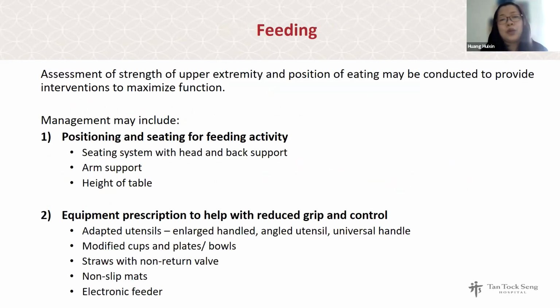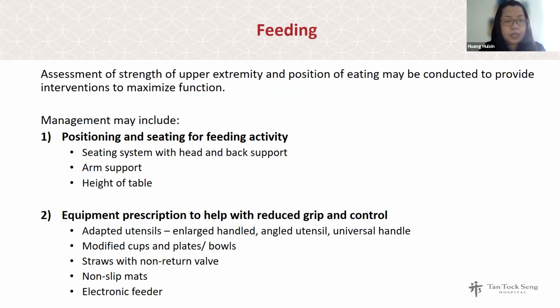So what will we do for a feeding task? First things first, we'll do an assessment of the upper limb, and also look at the position of the person when they are eating, to see how we can maximize the function.